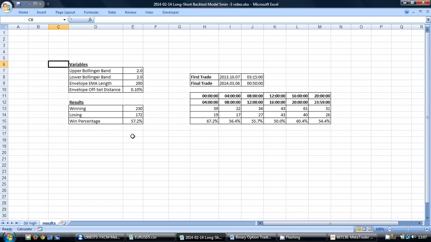Okay, you can see the results. We have here 230 winning trades and 172 losing trades. That's a win percentage of 57.2%.